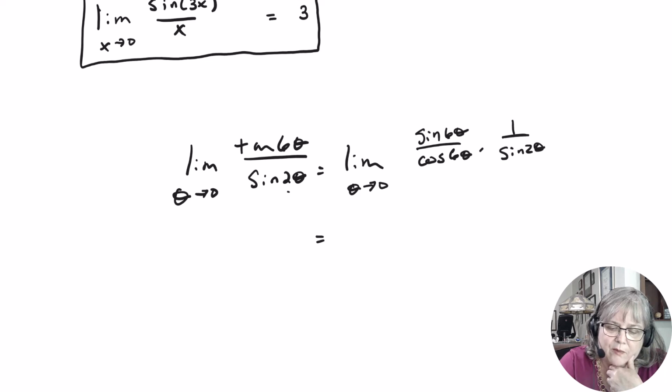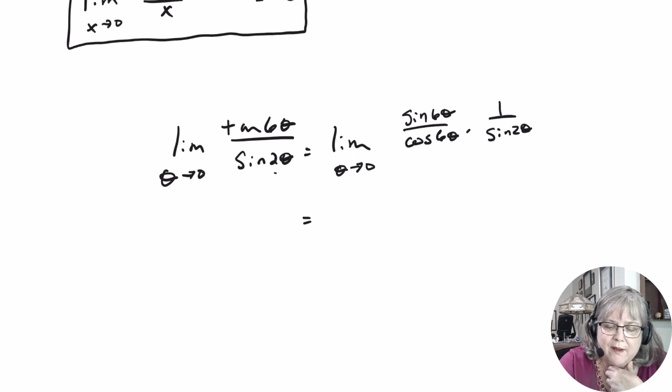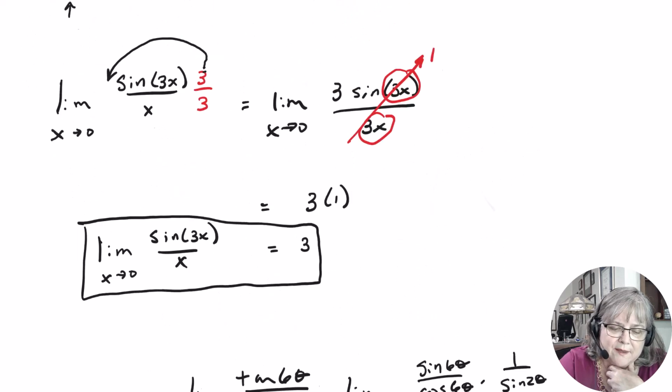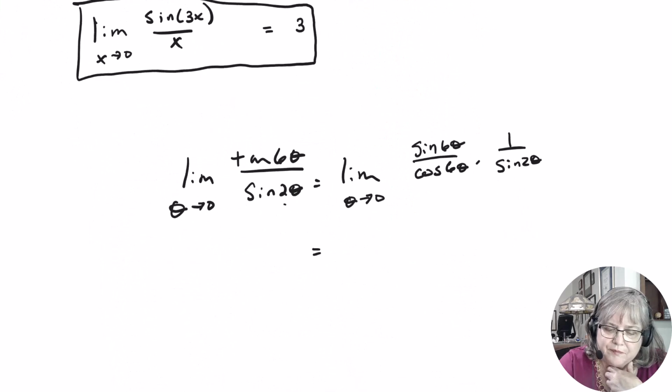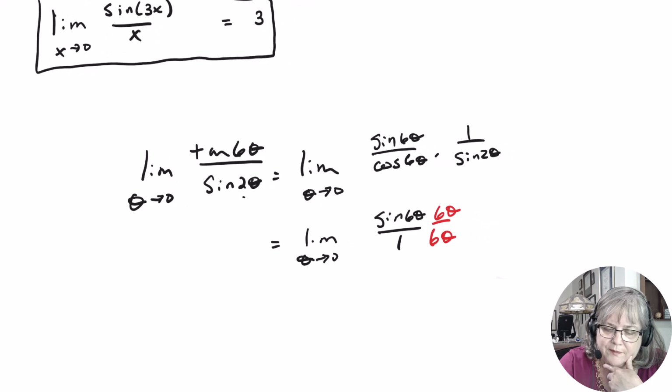And I'm going to work with you on this pattern of how we're going to make each one of these sines fall into that pattern of sine theta over theta. Okay, so let's do the sine of 6 theta. And what it would need if it were going to try for that pattern is 6 theta on the bottom. So we'd have to multiply by 6 theta on the top.